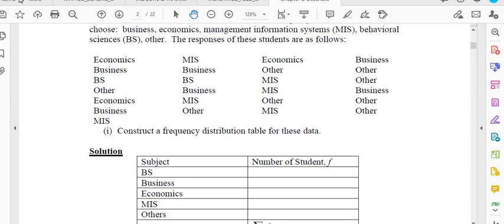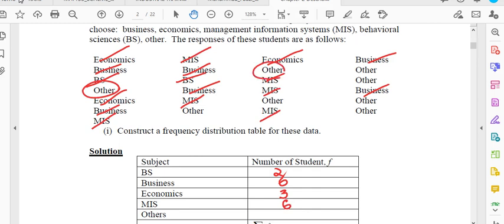How many BS here? 1, 2. You have 2. Business 1, 2, 3, 4, 5, 6, so 6. Economics 1, 2, 3. MIS 1, 2, 3, 4, 5, 6, 6 also. Others 1, 2, 3, 4, 5, 6, 7.